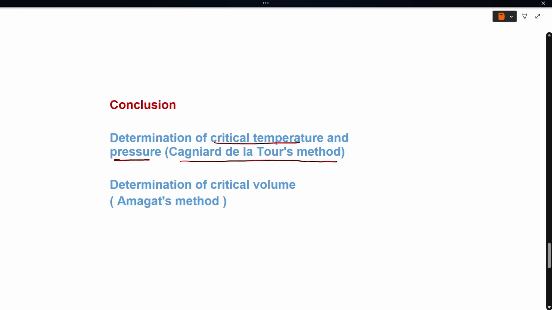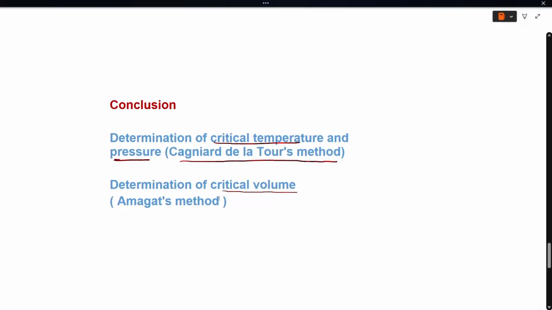Next is determination of critical volume. It is very difficult to find the critical volume at critical temperature and pressure, because at that condition small changes in temperature and pressure make great changes in volume, and the chances of error are more.